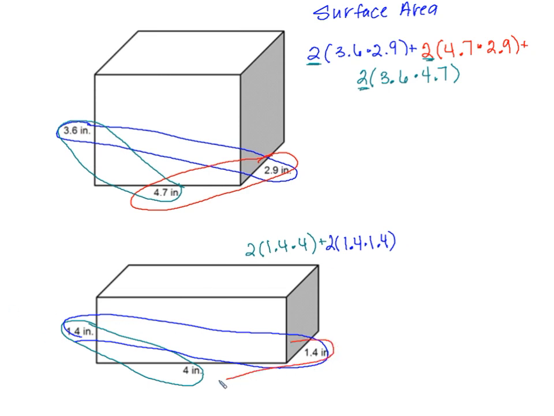And 2 of these. Technically these two are the same. And the reason that they are the same is because we have two of the same measurements. But that's an easy way to do it so you don't forget, because sometimes it's easy to miss one.